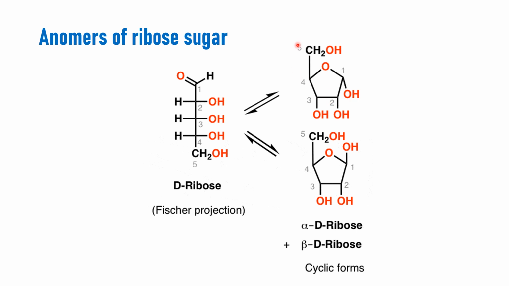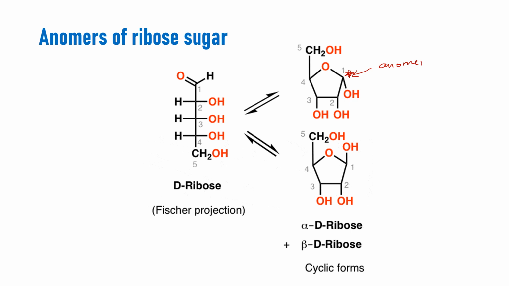But then when we are representing these structures, we know that in the case of carbohydrates, this representation is called the Haworth structure. So in the Haworth structure, after cyclization, when the OH is written down, then it is alpha. This OH at the first carbon is a newly formed stereocenter, and this is the anomeric carbon.